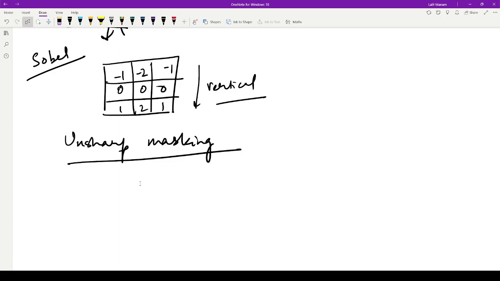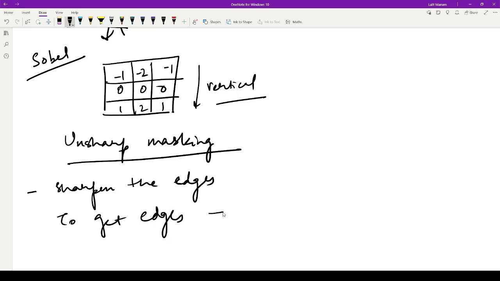Okay, so the core idea is that you want to sharpen the edges. That's the core idea. So how to get the edges?